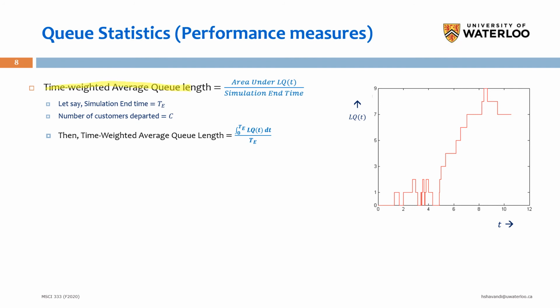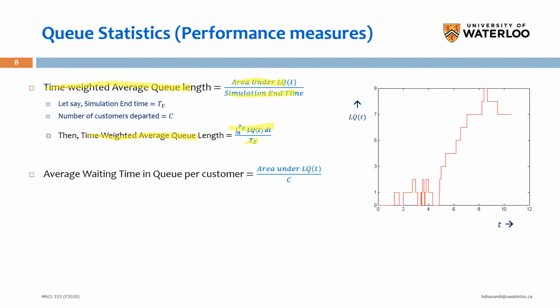For the performance measures of this system, we can calculate the time-weighted average queue length. You did this in assignment 1 in Excel, so you know how to calculate it. We need to obtain the area under LQ(t) and divide it by the simulation end time TE, the integral over time of LQ(t) divided by TE.